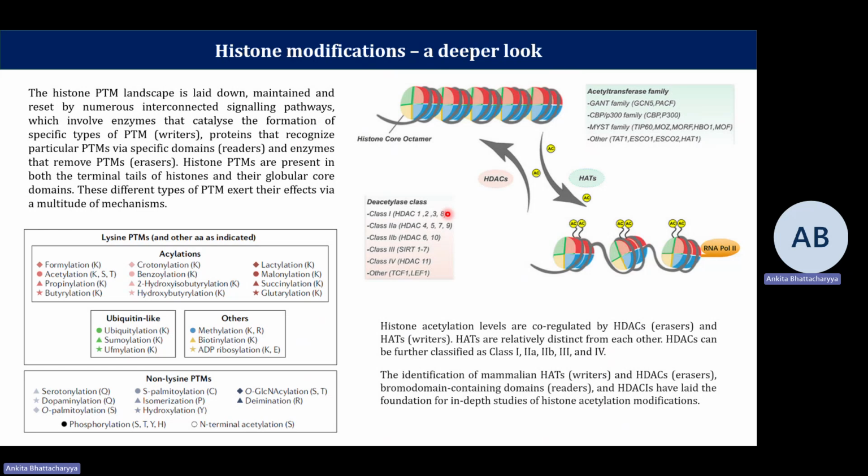This is the result of the addition of the acetyl group, which opens up the DNA, makes it a lot more loose, and as a result, a lot more accessible to RNA polymerase 2, which is able to activate transcription. So that is pretty much what happens there.